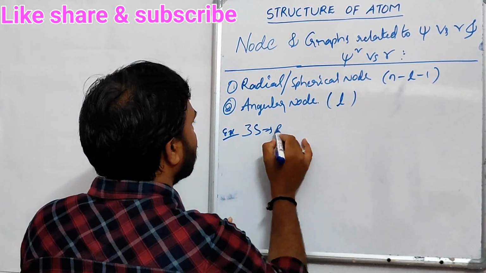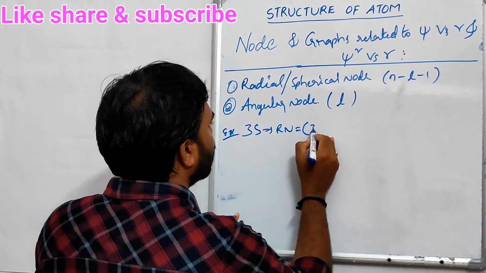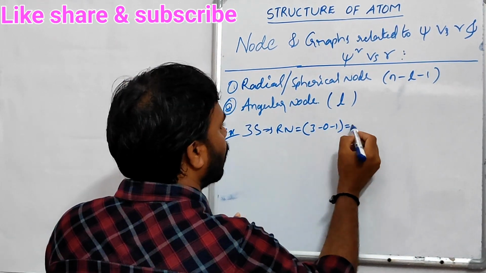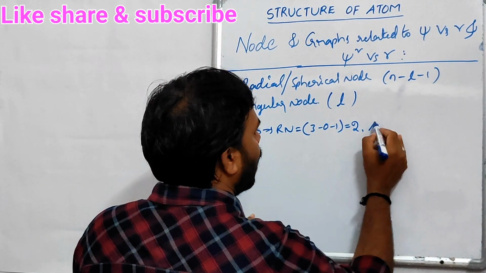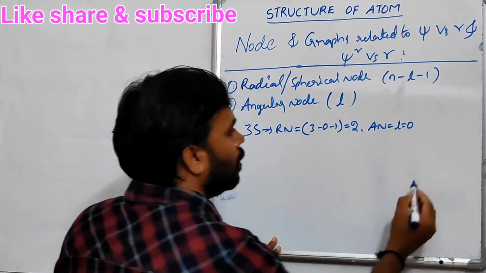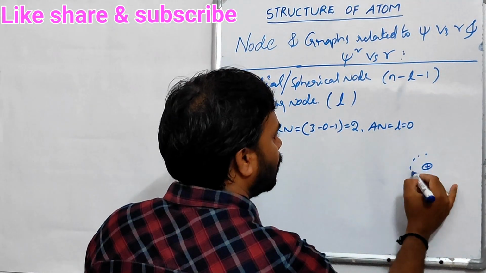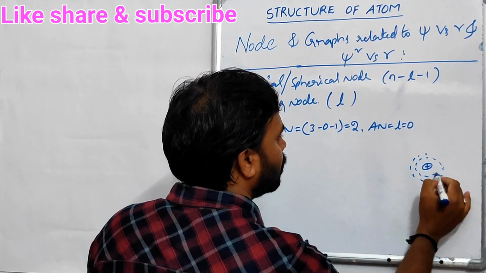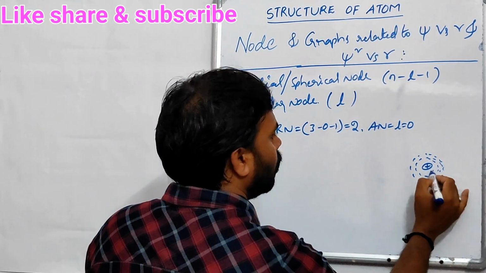For 3s, radial nodes is equal to 3 minus 0 minus 1, that equals 2. And angular nodes is equal to the L value, that equals 0. Let's see the diagram. This is the 1s orbital.